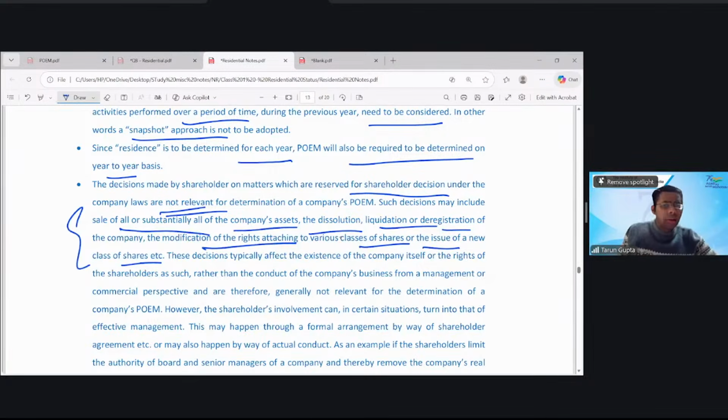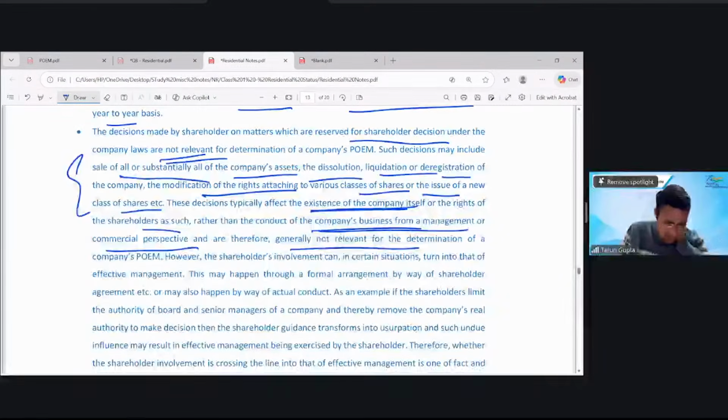So these reasons are not management or commercial decisions. These reasons typically affect the existence of the company itself or the rights of the shareholder as such, rather than the conduct of the company's business from a management or commercial perspective. You're getting the point? And therefore they are generally not relevant for determining the company's POEM.